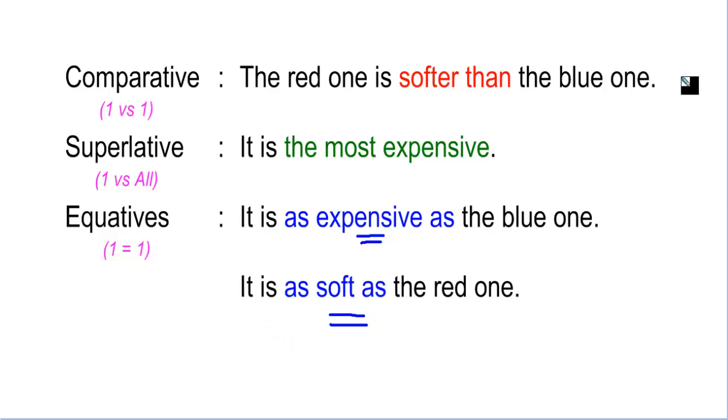Okay, so that's the idea of the equatives. You show that two things are similar, or they have some similarity, or that they are equal. That's the difference between comparatives, superlatives, and equatives. The comparative is to show a difference. The superlative is to show the extreme of all the group. But the equative is to show the similarity between two objects.